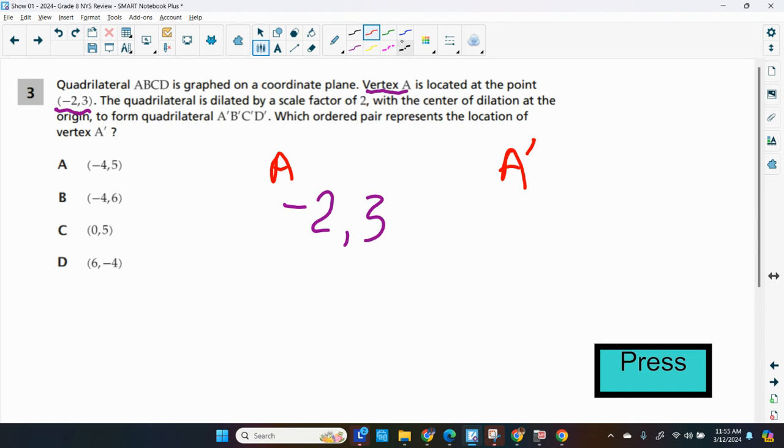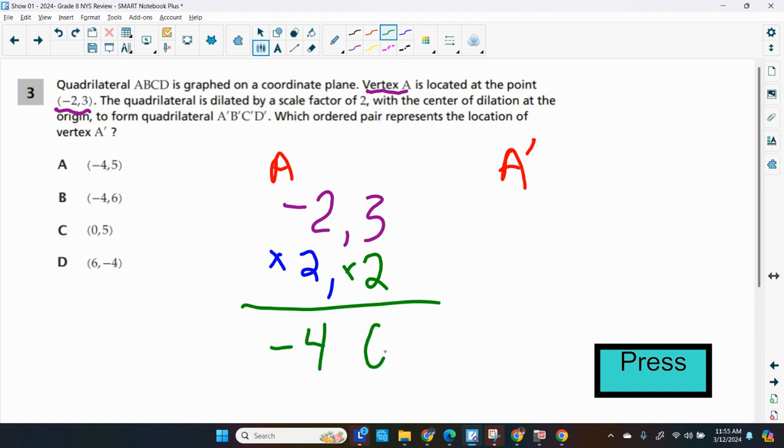Well, when you have a scale factor, it means it's either going to grow or shrink. Now, a scale factor of 2 means it's going to go 2 times the size of what it is now from the origin. So I'm just going to multiply both of these numbers by 2. -2 times 2 is -4, and 3 times 2 is 6.